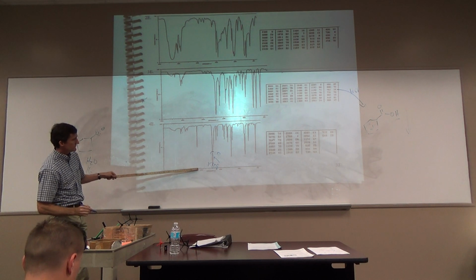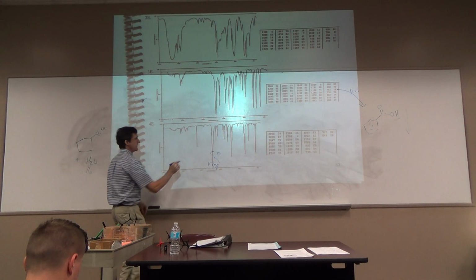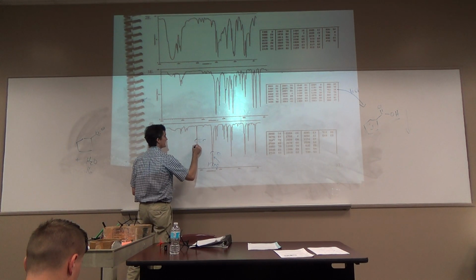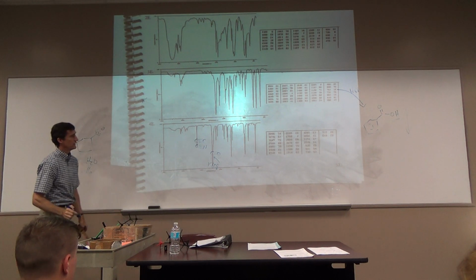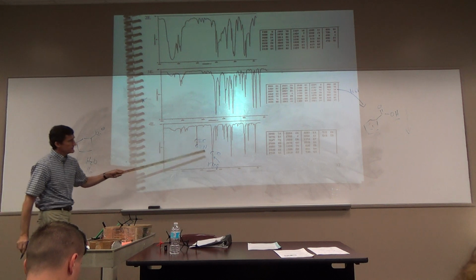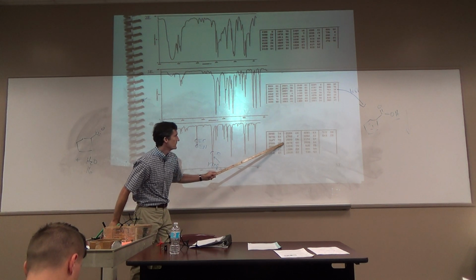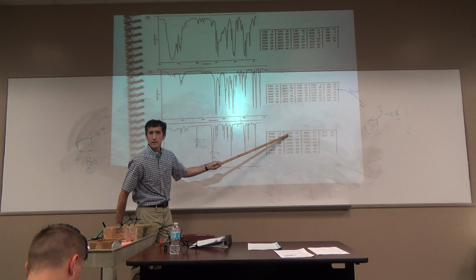We got a peak here in the 2200 region. That's either CC or CN, triple bond land. What's the exact position of this peak? Is it 2230?